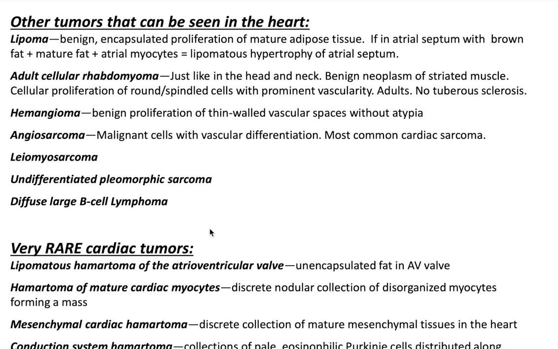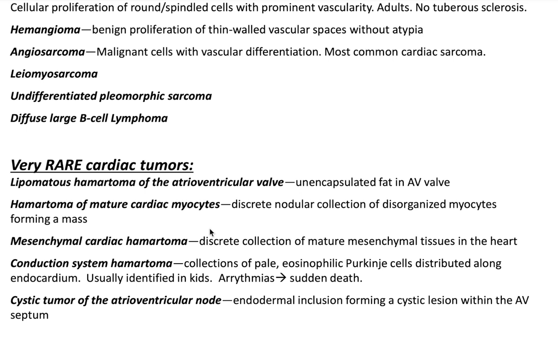Very rare cardiac tumors include lipomatous hamartoma of the atrioventricular valve, where you'll have unencapsulated fat in the AV valve. Hamartoma of mature cardiac myocytes is a discrete nodular collection of disorganized myocytes forming a mass.